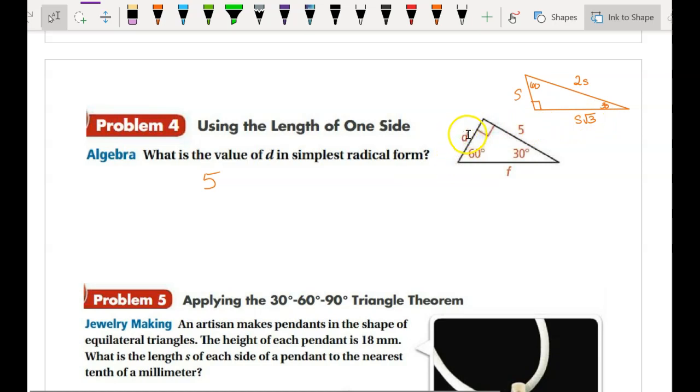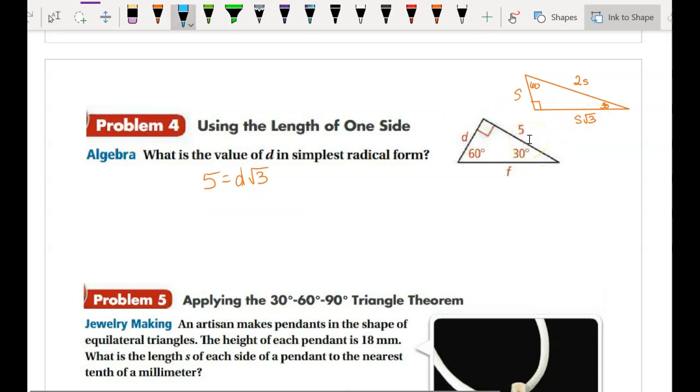Well, in this triangle, it is D. So 5 is equal to D times the square root of 3. I got that from right here, long leg and long leg. We're just comparing these because 5 is equal to the short side times the square root of 3.